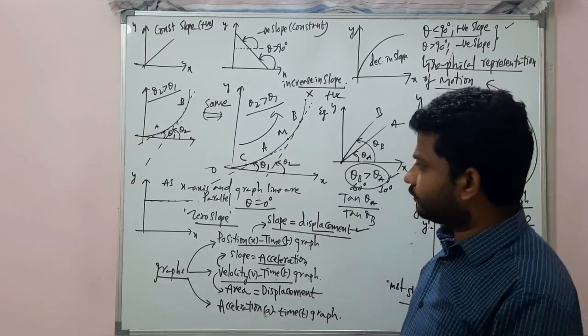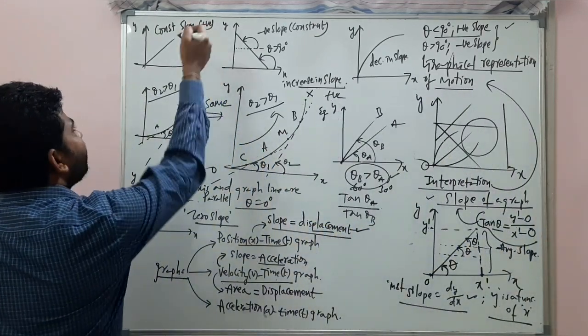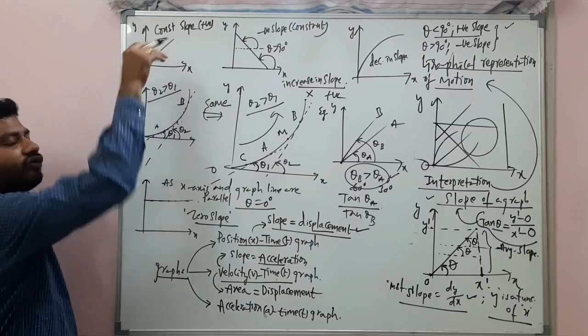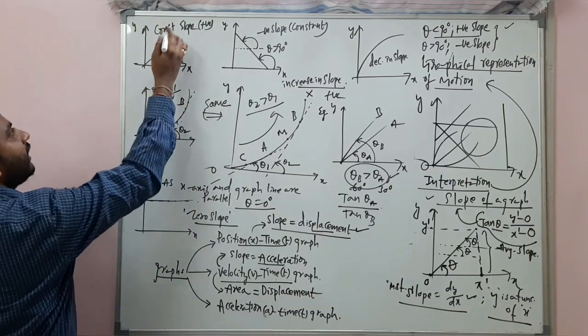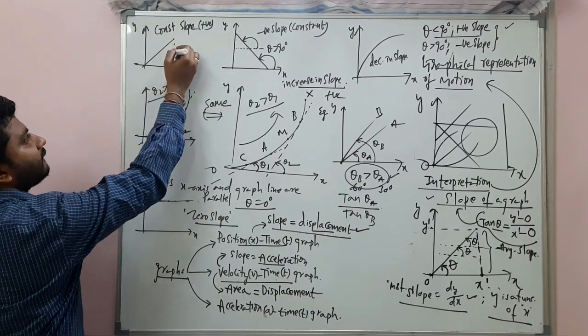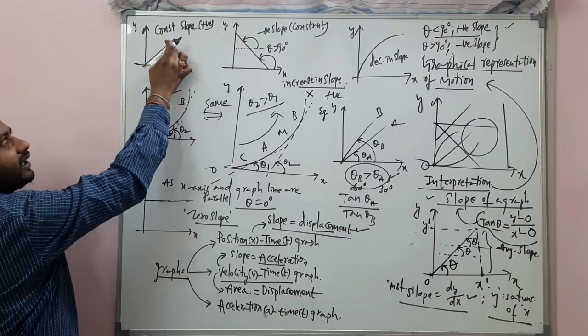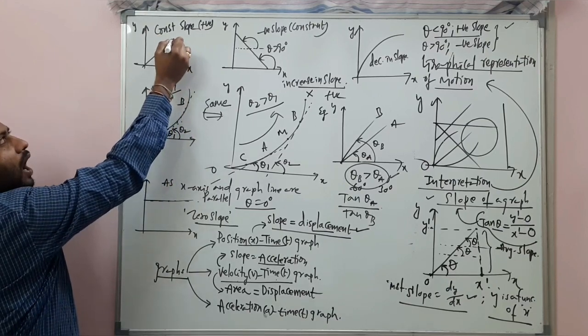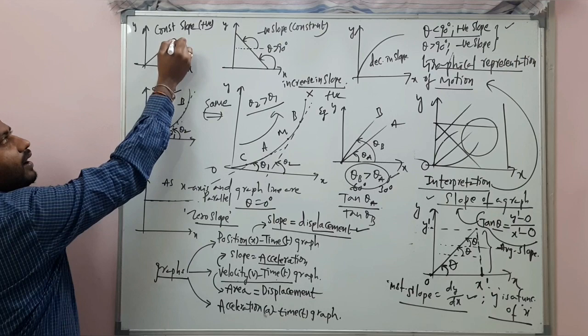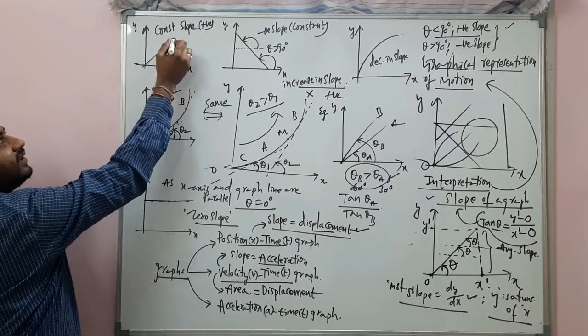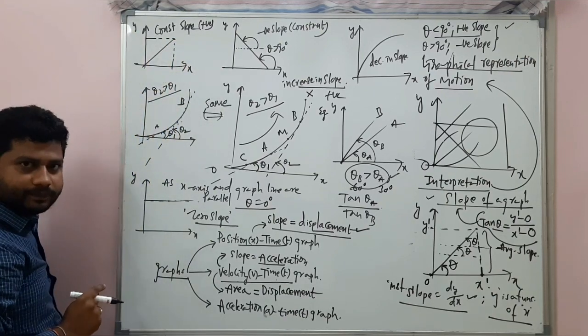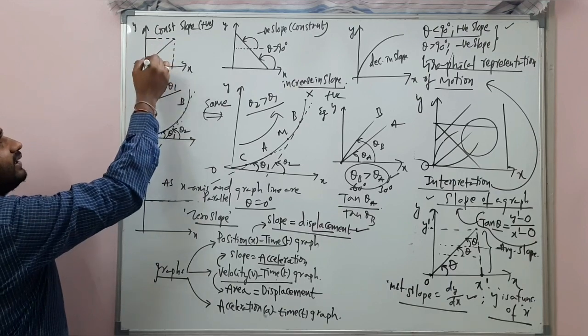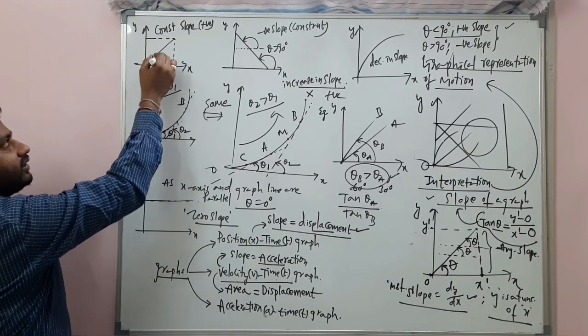For example, this is a graph you have of constant slope. Imagine this is the graph line, right? And this is the point along x-axis and this is the point along y-axis. Under the graph line, there is some area.